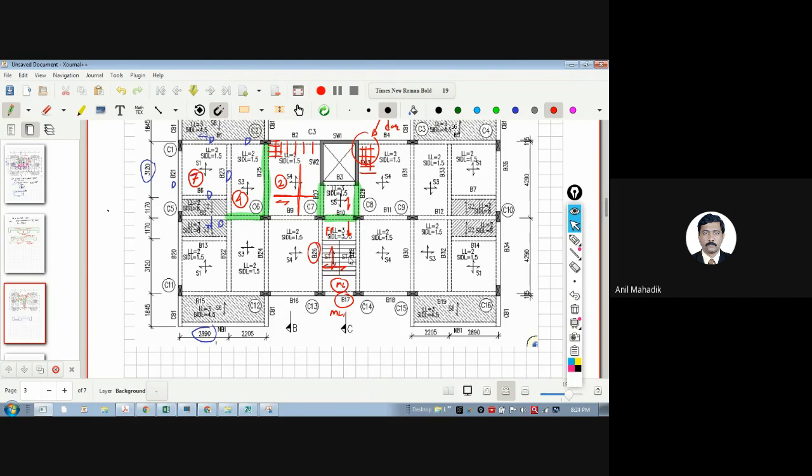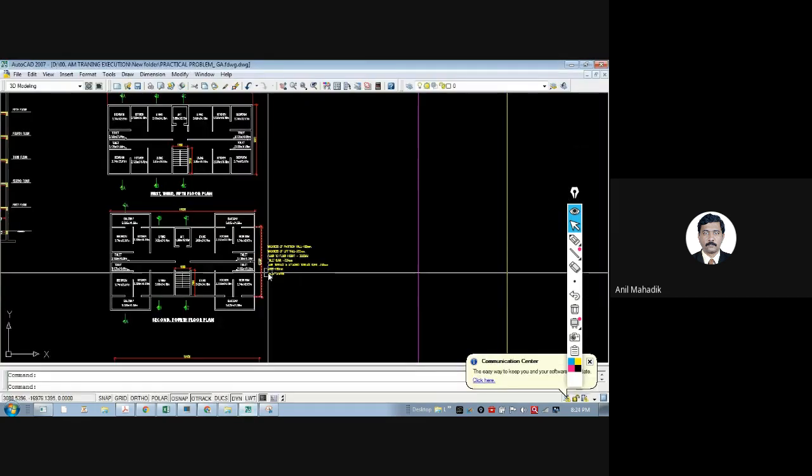So even though it is a longer span, this is your spanning direction. Whenever you put the span in the one-way slab design, put the longer span. You will consider this span as the design span for staircase design.